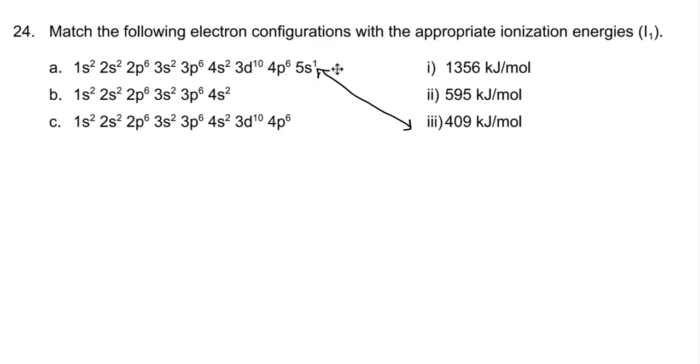Looking at the next two, one of them is definitely going to have the highest, because one of them has a completely filled octet. C does, because if you look at 4s2, 4p6, we're looking at the element krypton there. So it has a completely filled energy level. It's got a very high Zeff, an effective nuclear charge of 8+. It's going to take the most energy. So these two should go together. And then the one that's left over is the other one.